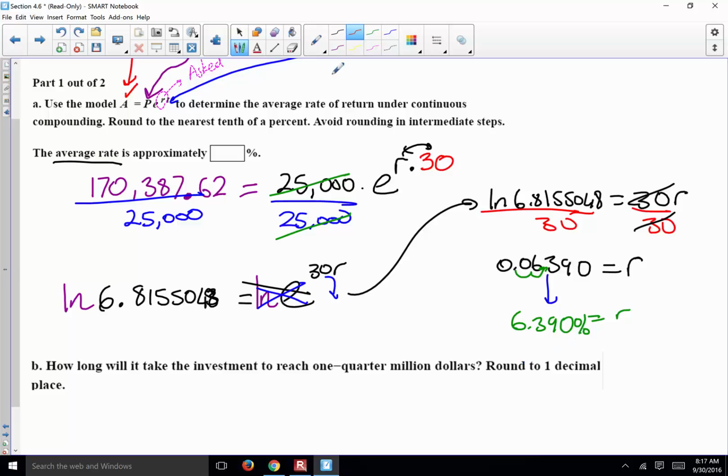And they want how much? Nearest tenth. So you want to round this number to get the nearest tenth. So 39 is going to be rounded into 4, right? 6.4%. Okay?